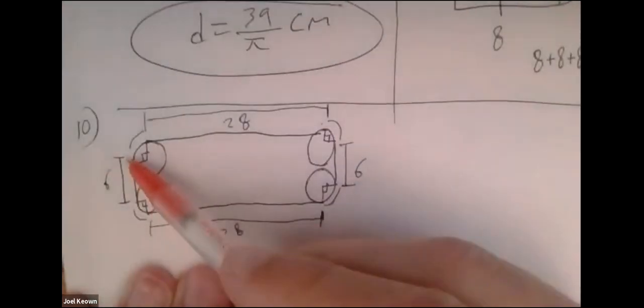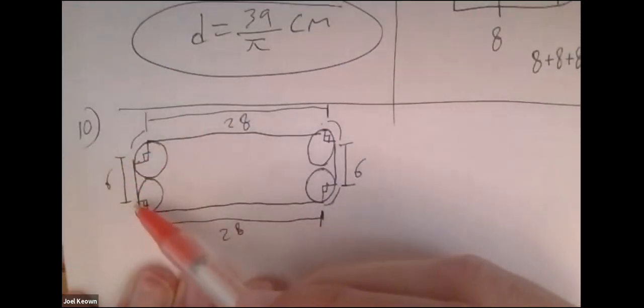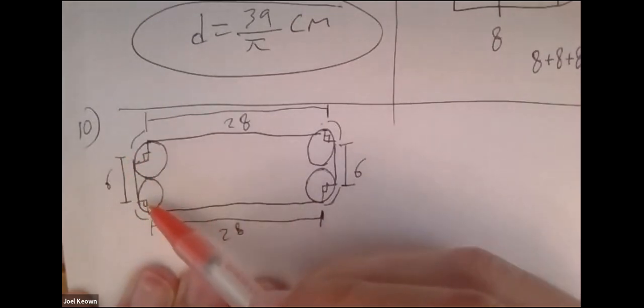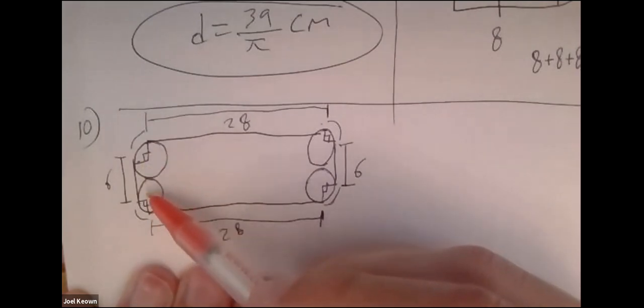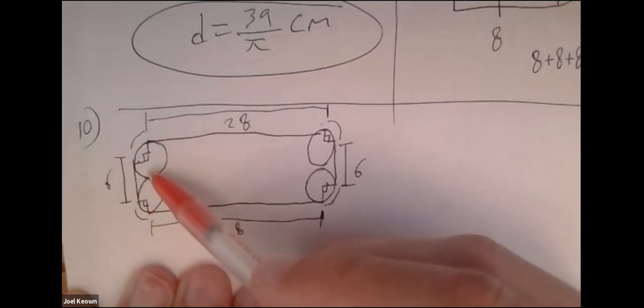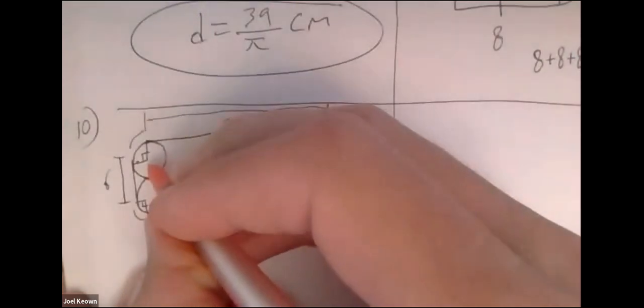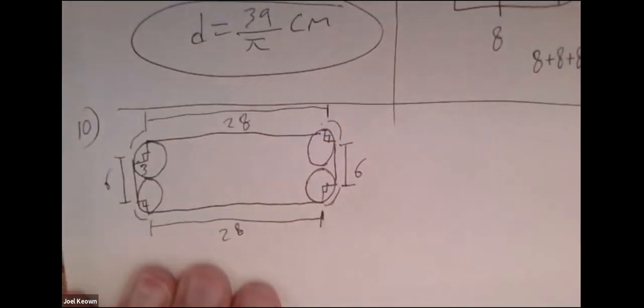In fact, it tells me that from center of the circle to center of the circle is 6. Well, from here to here is 6. That's 1 radius, 2 radii. So from here to here, plus from here to here is 6. So the radius is half of 6, or the radius is just 3.